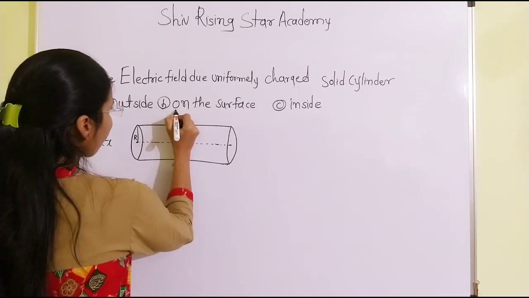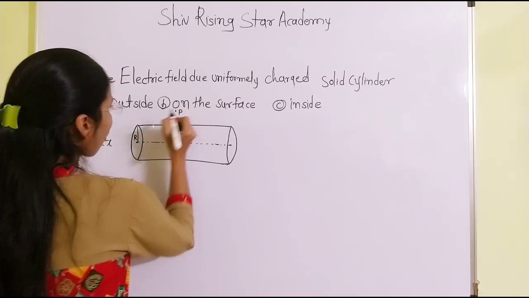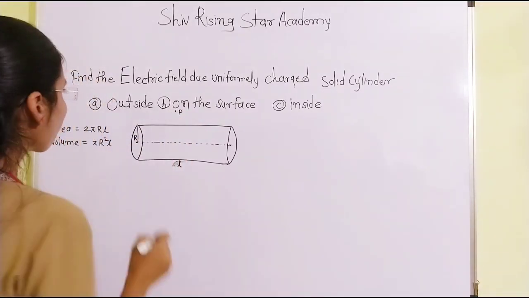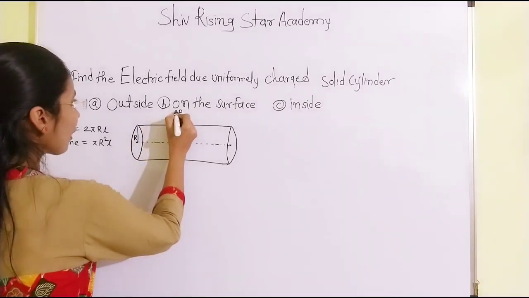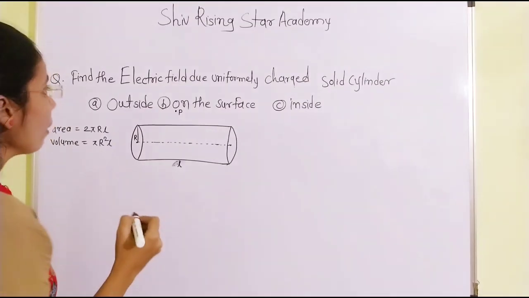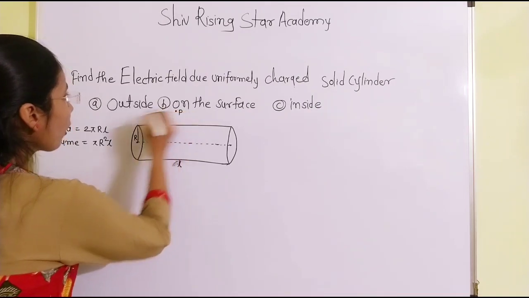We have to find the electric field outside this cylinder. So we take the point P, which is outside this cylinder, and we have to calculate the electric field at this point. For that we have to draw the Gaussian surface.